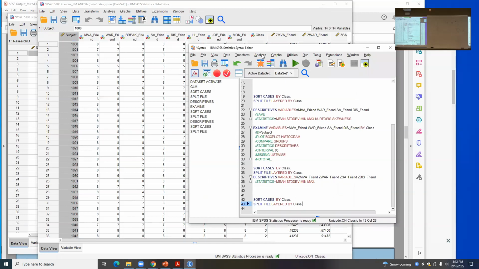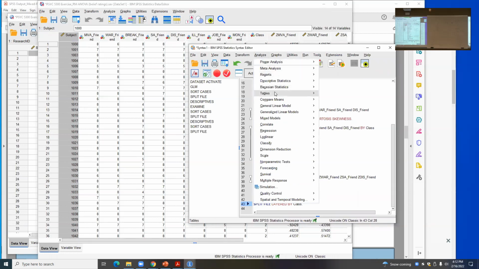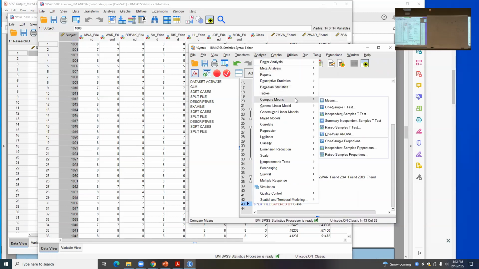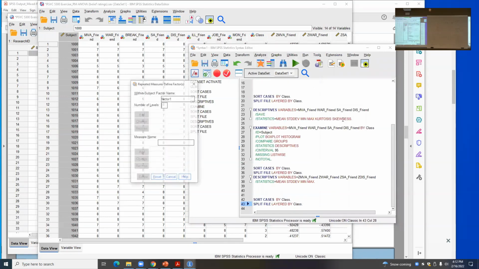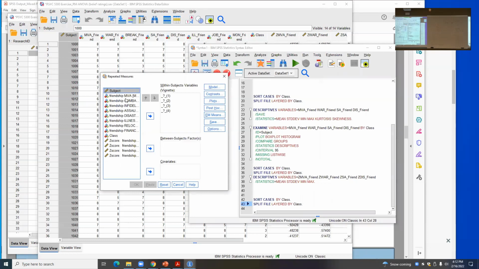And then I'm going to go to analyze, general linear model, repeated measures. I'm going to call this vignette; I have 4 levels to my vignette. Define this. I would say friendship, combat, assault, and disaster.